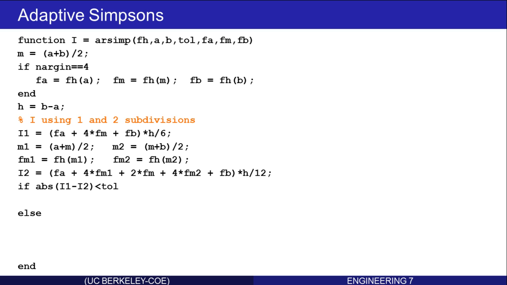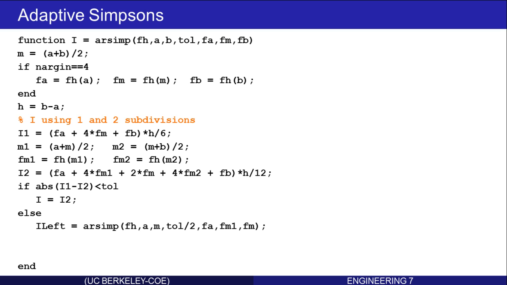Now, if the tolerances are satisfied, return I2. Otherwise, make recursive calls. To the left, let's look at the first 4 arguments. Integrate fh from a to m with an accuracy requirement of tau over 2. However, since the value of the function is known at the left endpoint of this interval, the middle of this interval, and the right point of this interval, pass them in.